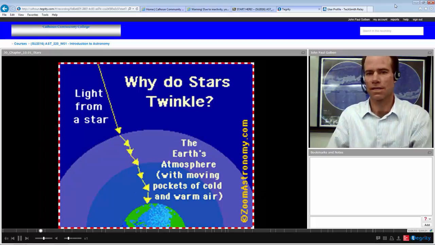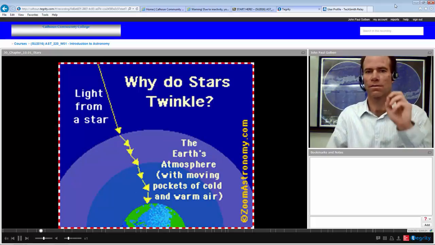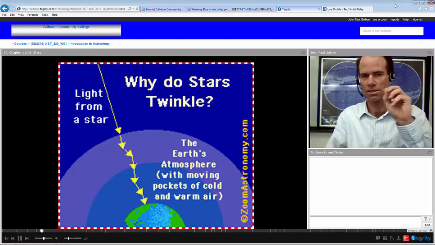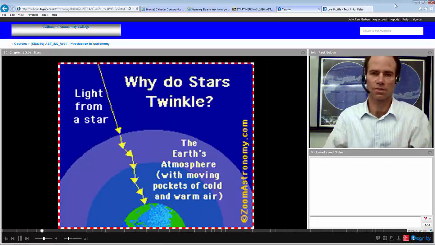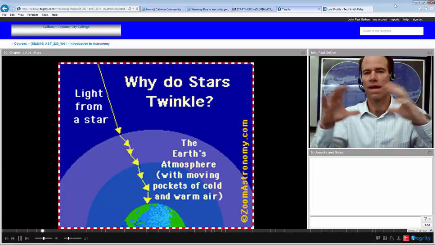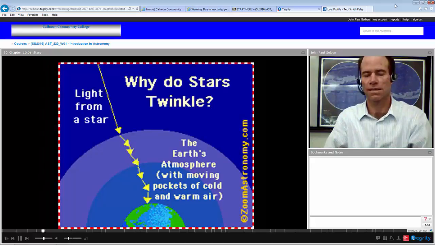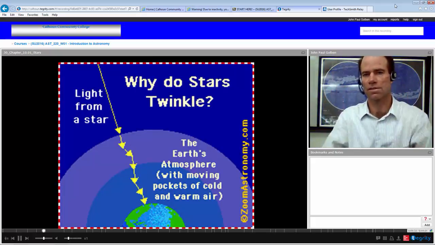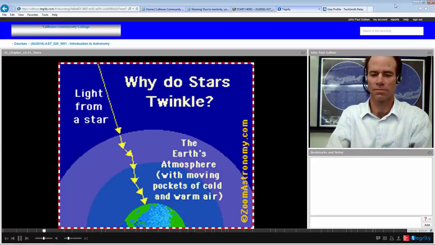It's mostly an effect that you would see with a speck of light that was relatively small, hence you see the stars twinkle. You don't see planets twinkle as much because they are greater diameter pieces of light, and hence that variation due to the Earth's atmosphere is not so evident.